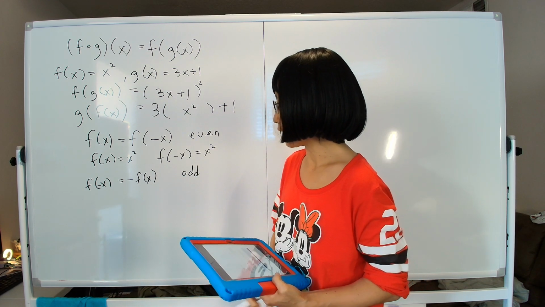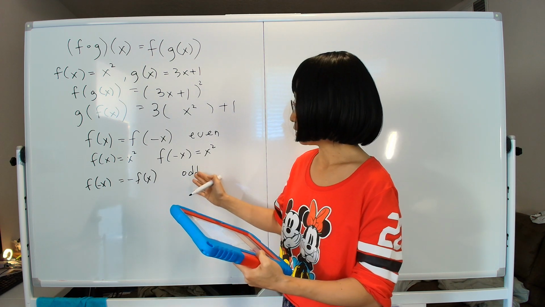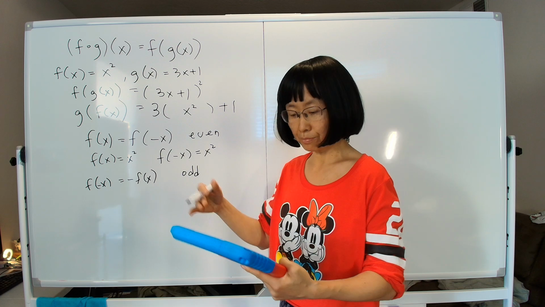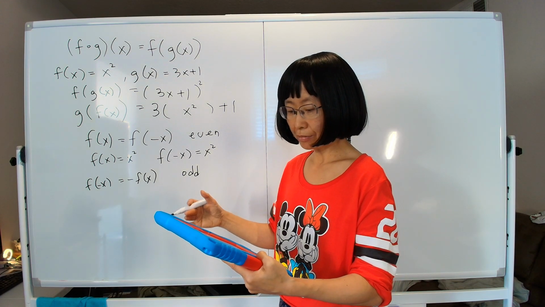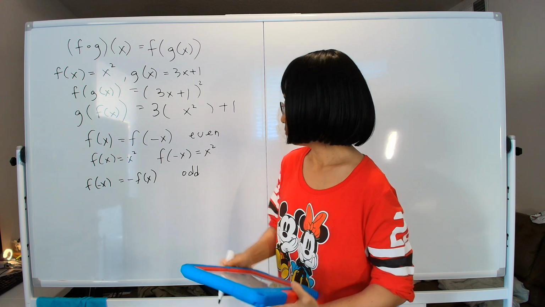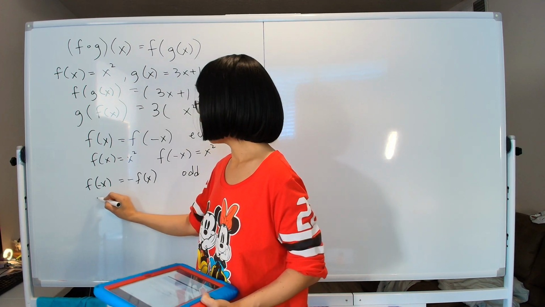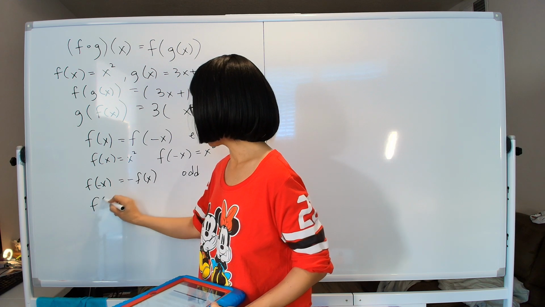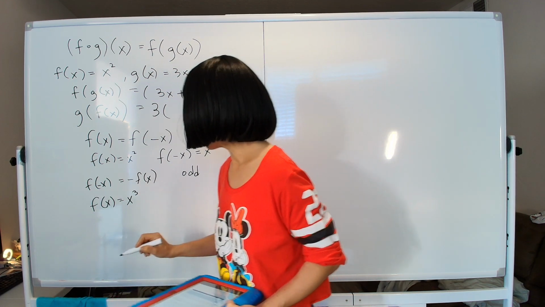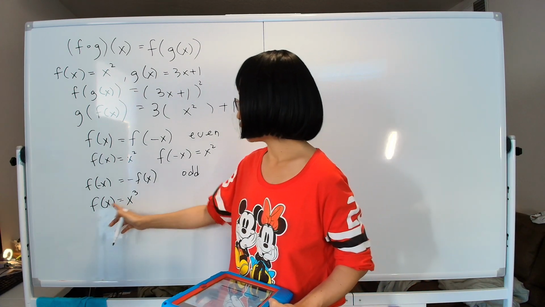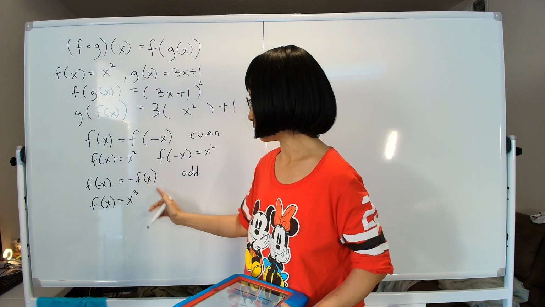The thing about it is that the graph is then symmetrical about the origin. Let's talk about that. The most famous example is f of x equals x cubed. If you try to do f of minus x, you realize that it's the same as minus f of x.